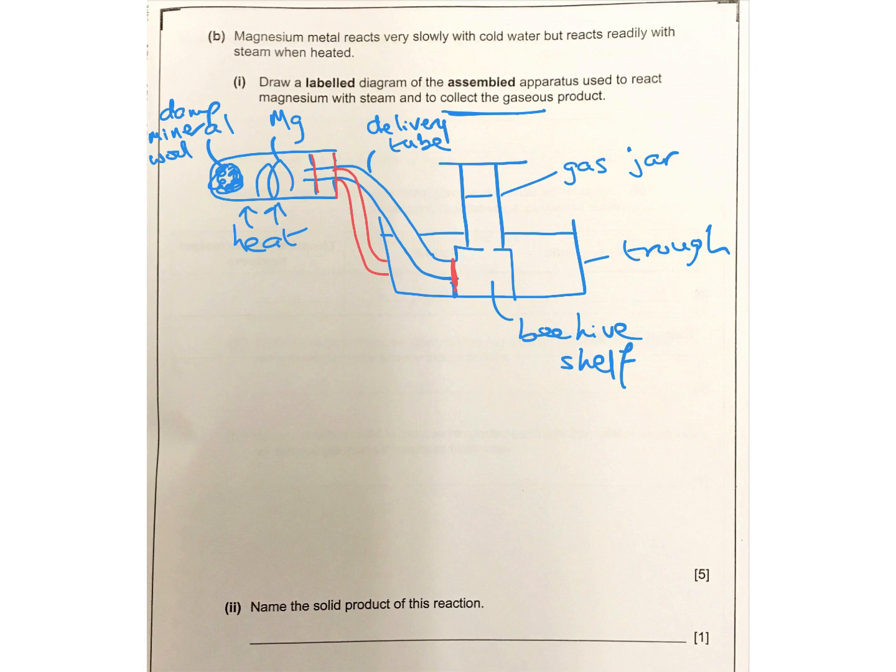Again, that appears as though the gas would get blocked, or they might draw a line right across there so the gas then can't actually get up through the hole into the gas jar. So a final common mistake is that people draw the water level in the water trough below the top of the beehive shelf. So just pay attention to that, folks, and make sure you don't make those mistakes.